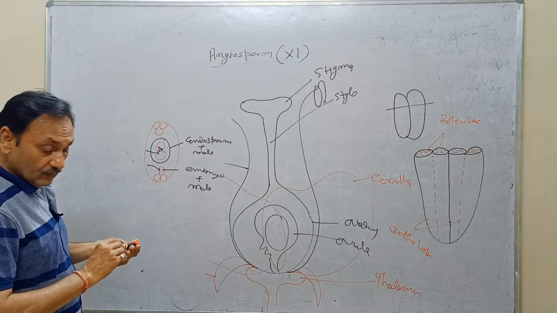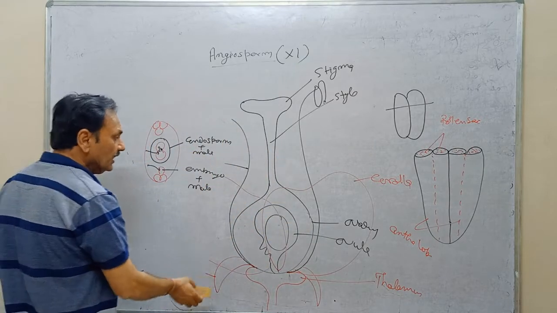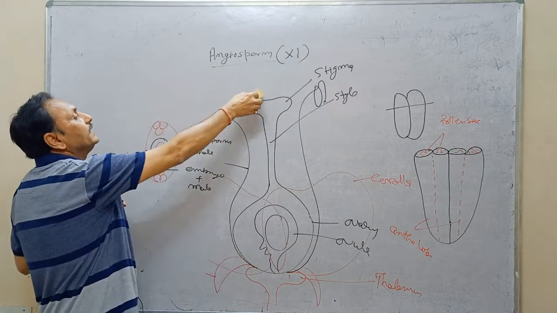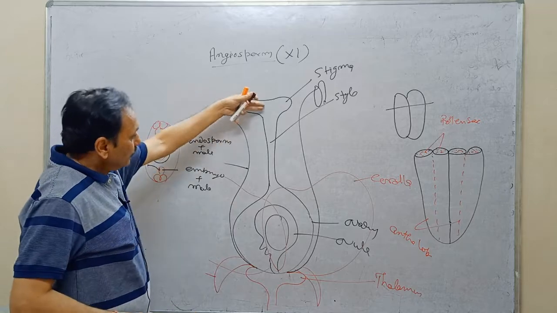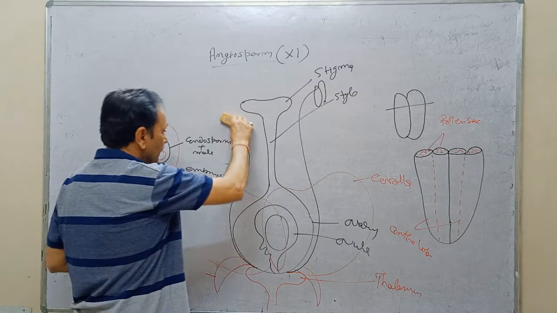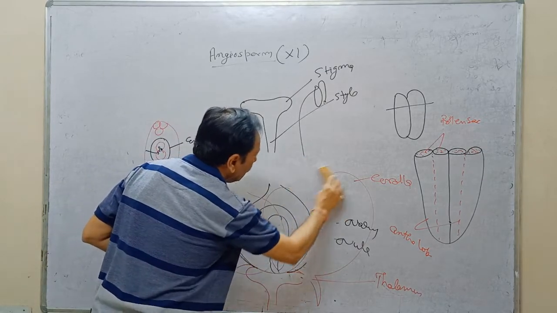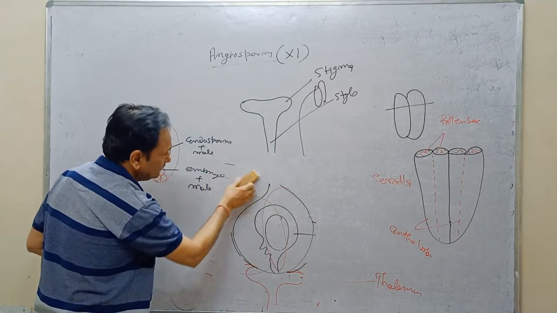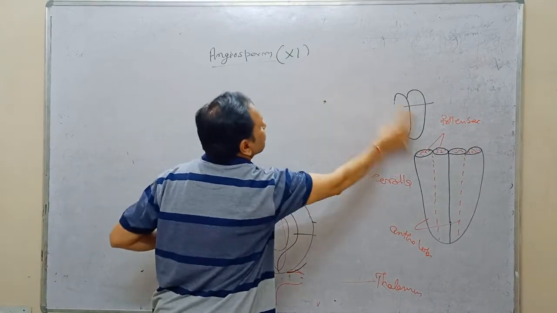But why are angiosperms called closed-seeded? It has been observed that whenever pollen grain comes in contact with this, pollination and fertilization will take place, then this part is all removed. Only this much will be retained.